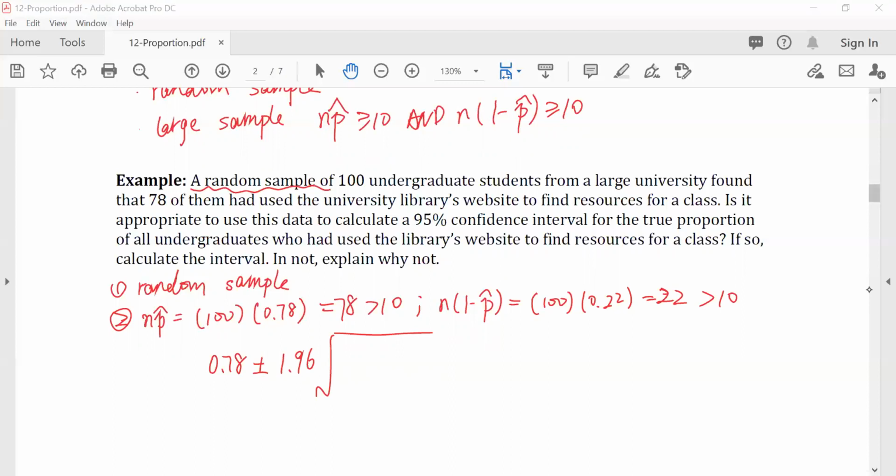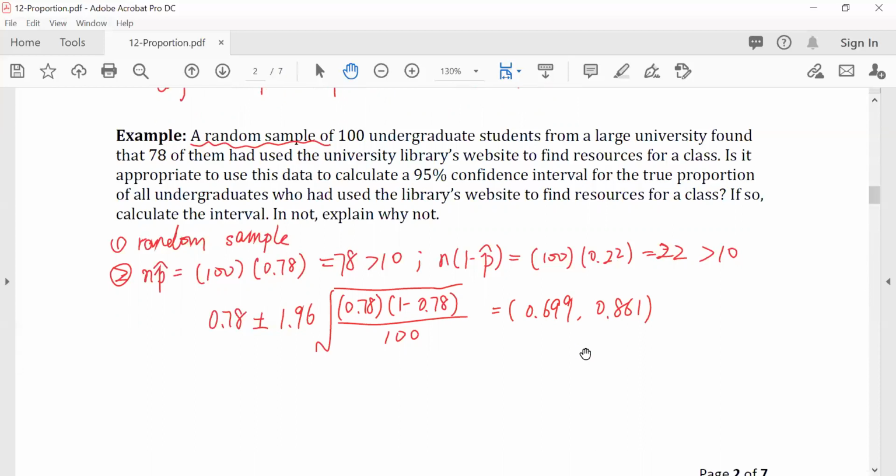This is p hat times 1 minus p hat divided by the sample size 100. It's 0.699 to 0.861. So this is the confidence interval for the proportion.